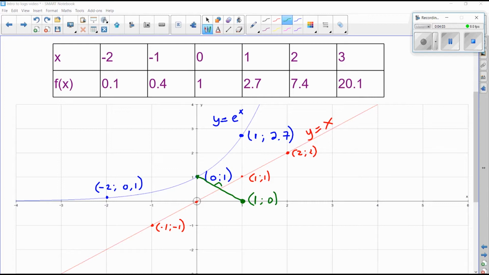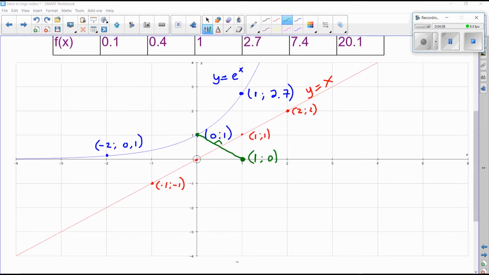If the x-coordinate is -2 and the y-coordinate is 0,1, and I reflect that point about the line y equals x, my x-coordinate will now be 0,1 and my y-coordinate will be -2. This is where the image of that point lies.